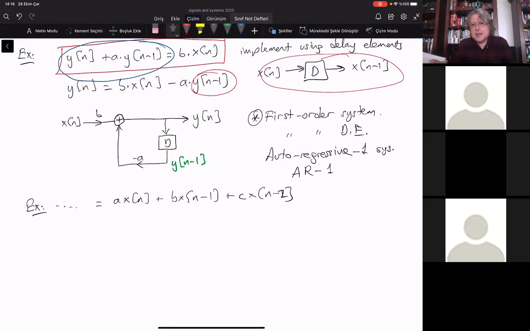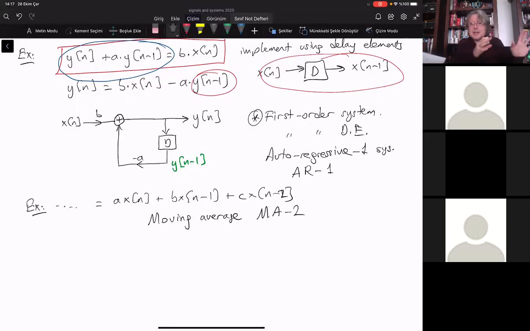If the right-hand side is like this, for the right-hand side, we are going to use the term moving average systems. And this is moving average 2 or whatever. Yeah, we require 2 past signals.